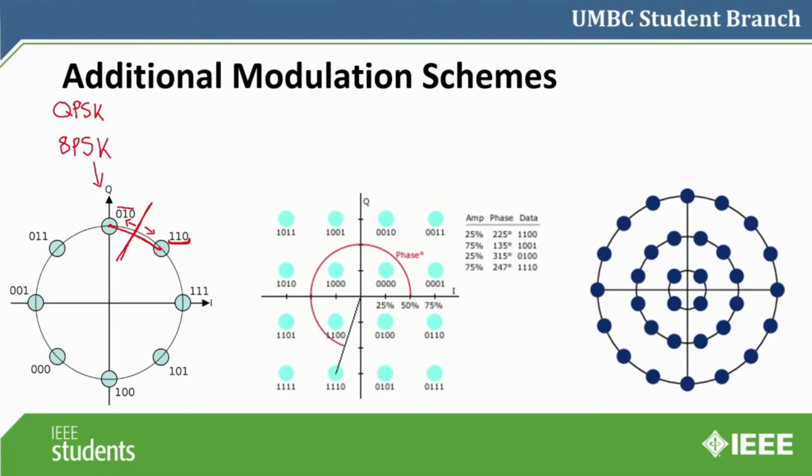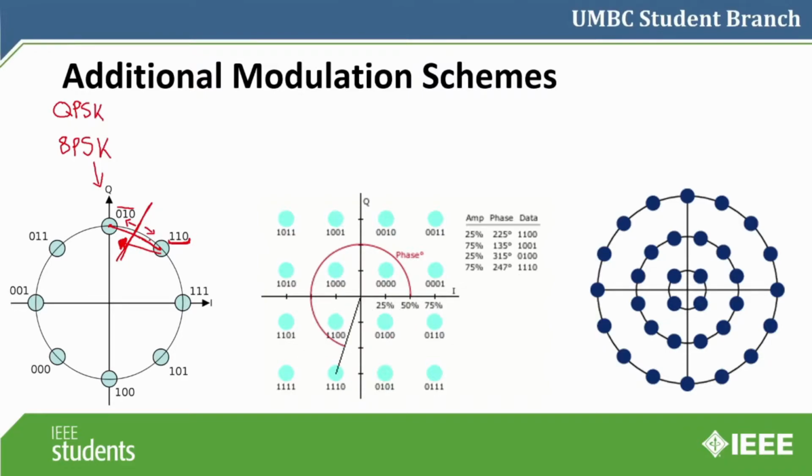So if our noise is bigger than this halfway point, we are going to get an error. We're going to decode this incorrectly. So we have to make sure that we choose the modulation scheme that will minimize the amount of noise that we get.